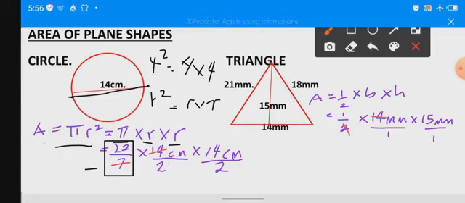So that is why our radius is 14 centimeters divided by 2.